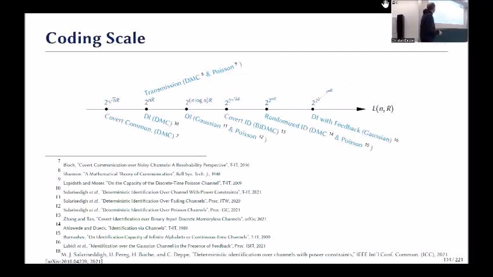So if you look now in general at the coding scheme, I will not speak today about effective secrecy or covered communication. There we have this scaling here. We have deterministic identification for the DMC, deterministic identification for the Gaussian channel, then covered identification, where we get this scaling here, then we have randomized identification, and the IRIS feedback.